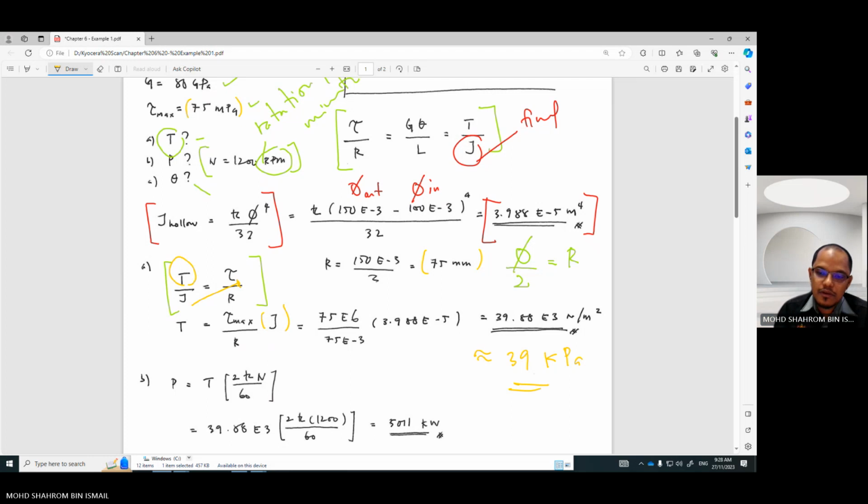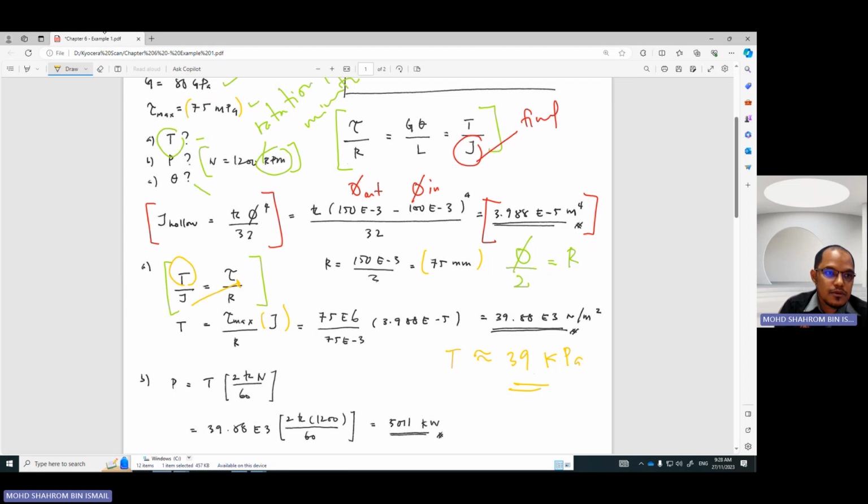This is the maximum torque that can be happening with maximum shear stress of 75 megapascal. So this is the maximum torque. Okay, around 39 kilo pascal.